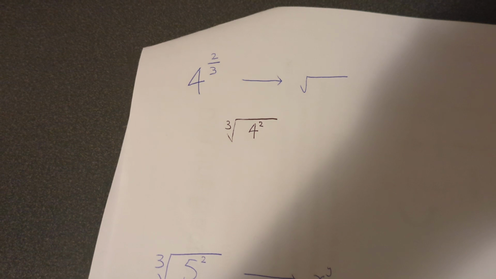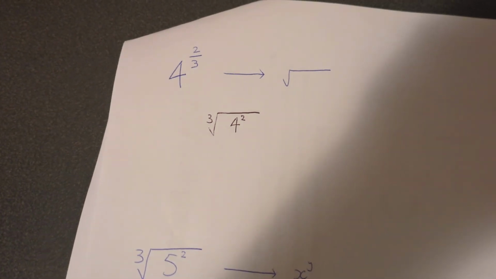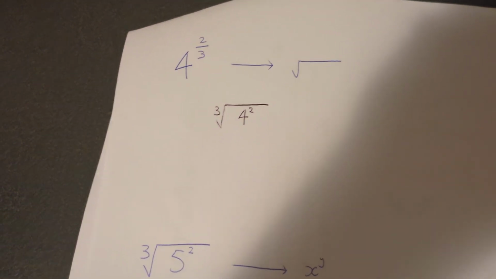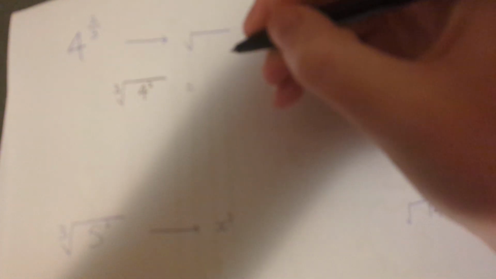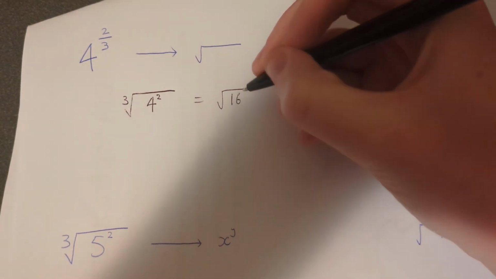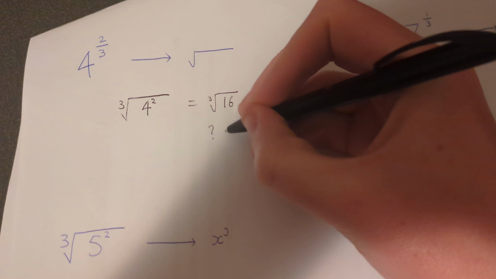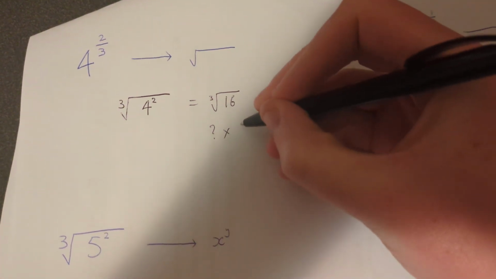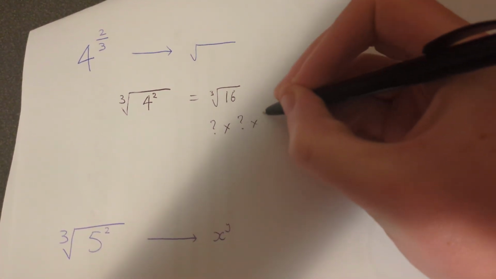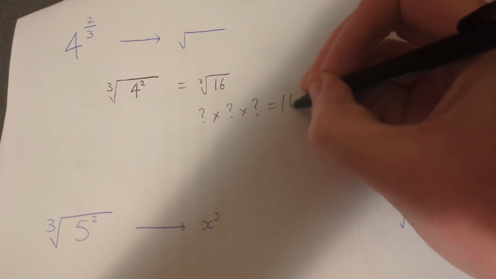And this is saying the cube root of 4 squared, or obviously 4 squared is 16, so the cube root of 16, so something times something times something equals 16.